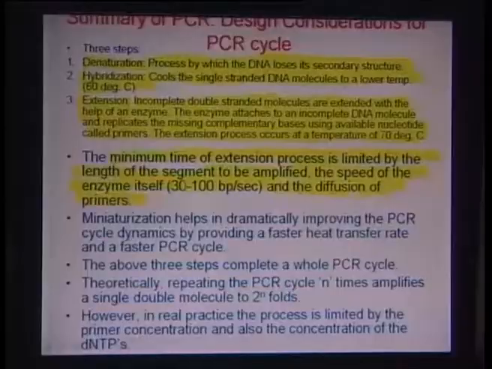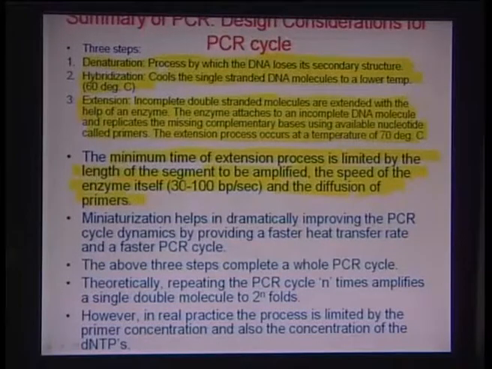So there are two aspects: one is the rate at which the enzyme sutures, and the other is the diffusion of primers and other moieties like the dNTPs or the ionic transport across the solution which maintains a certain pH, and so on and so forth.